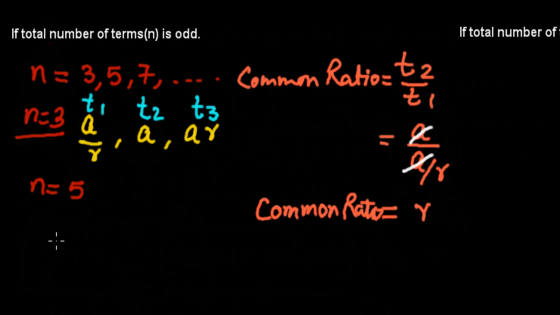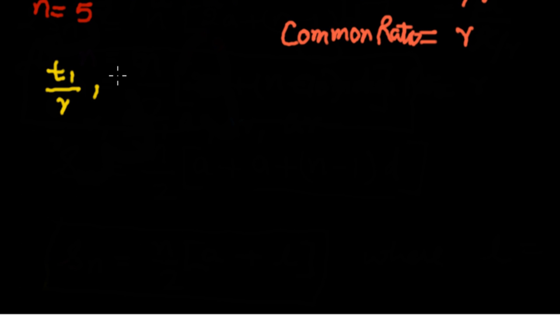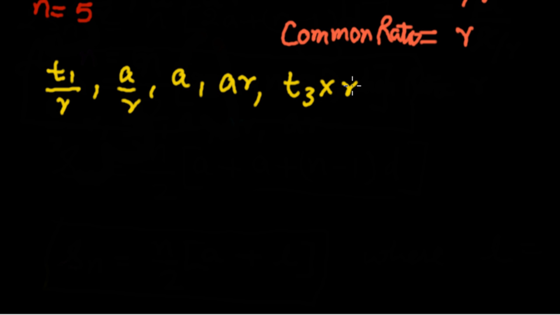So t1 divided by r, a upon r, a, ar, and t3 multiplied by r.